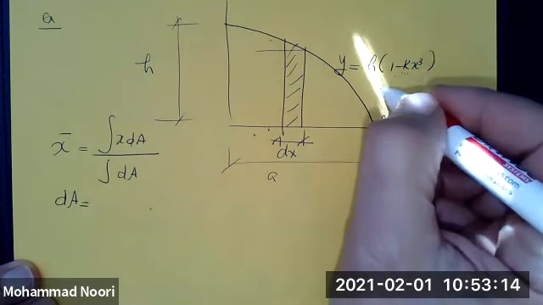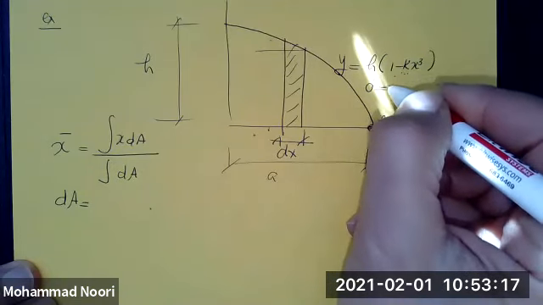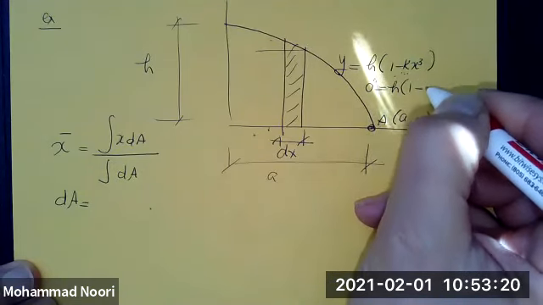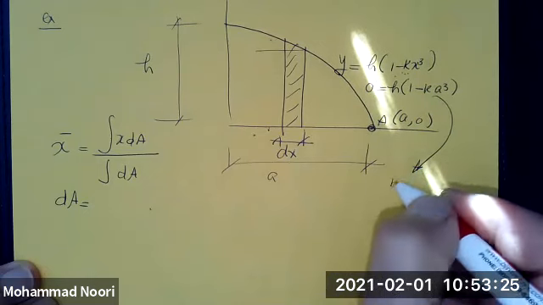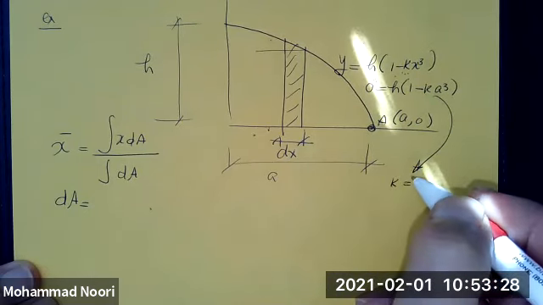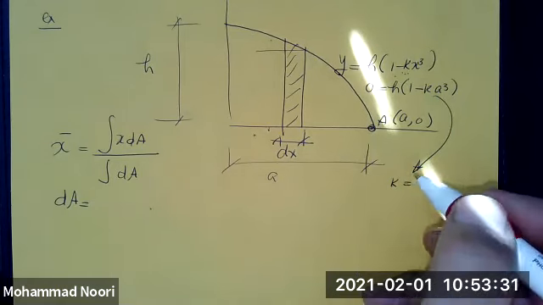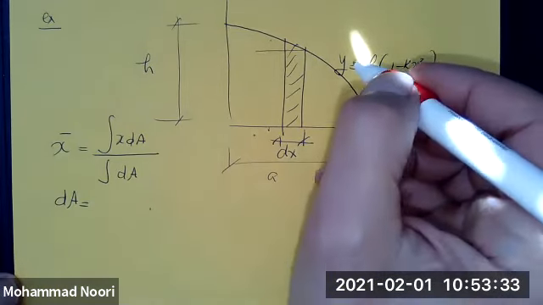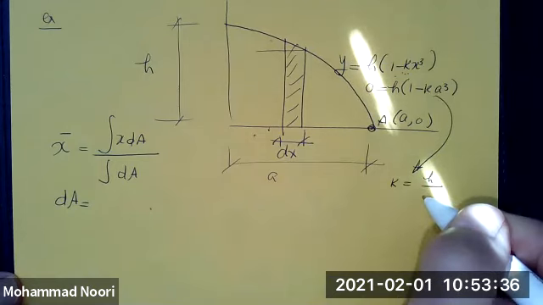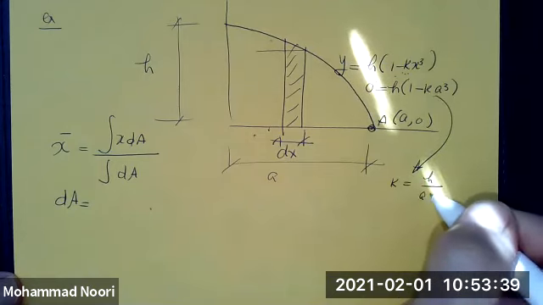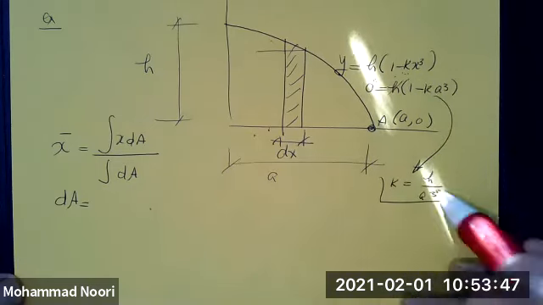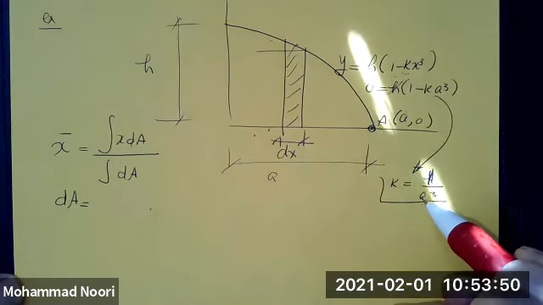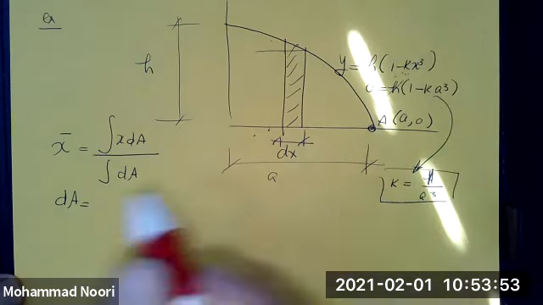So you put it here: 0 is equal to h times (1 minus k a cubed). That will give you k equal to 1 over a cubed. So that's the function.